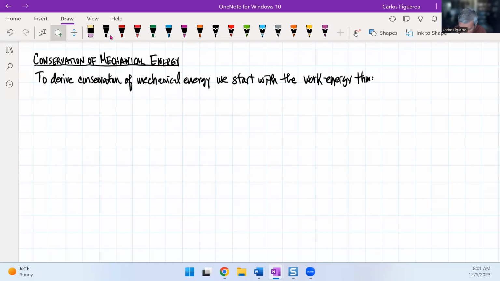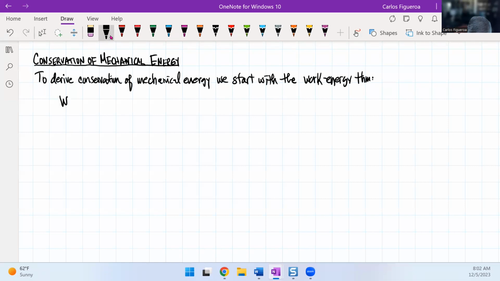In my mind, there's not a lot of difference between conservation of mechanical energy and the work energy theorem, because they're really the same coin, but two different sides. One side is conservation of mechanical energy. The other side is the work energy theorem. And so this is what we know.